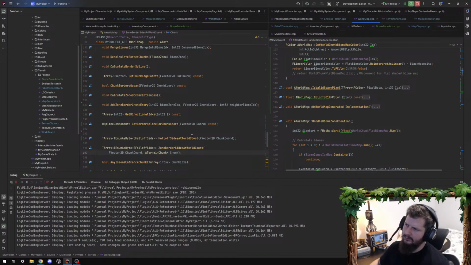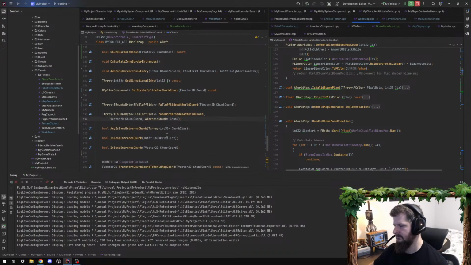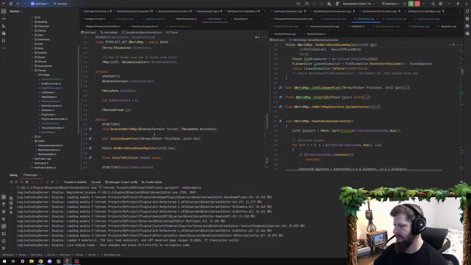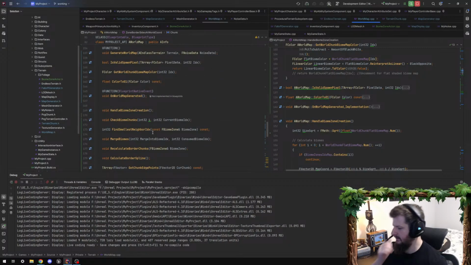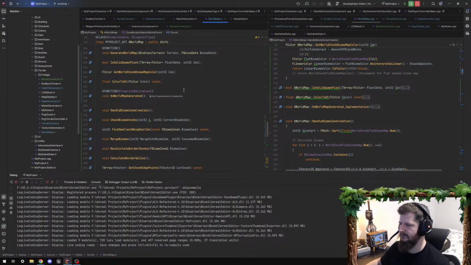What we're looking at now is the world map class, which is an actor. I'm wondering if I should make another actor for, like, the biome parent, because I do have a biome zone actor as well, but that just holds a single individual biome.